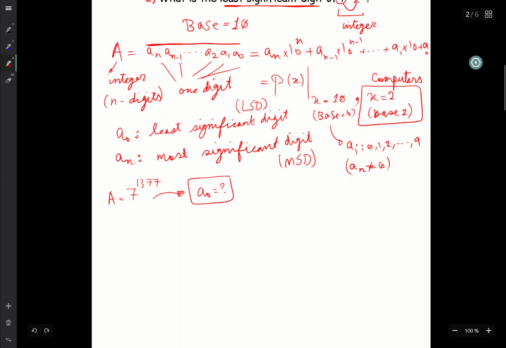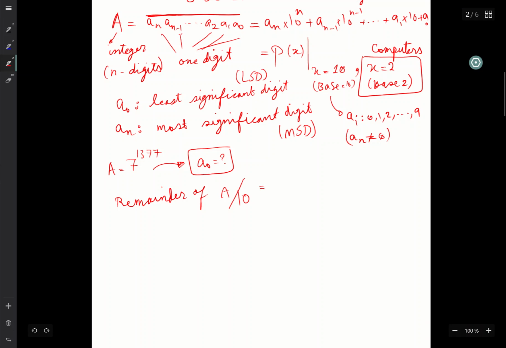Now obviously, a0 is the remainder of dividing a by 10, because if I divide a by 10, it becomes an 10 to the n minus 1 all the way to a1 plus a0 over 10, and this is not an integer, right?